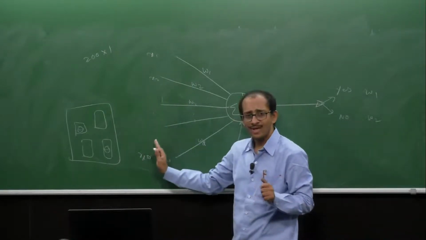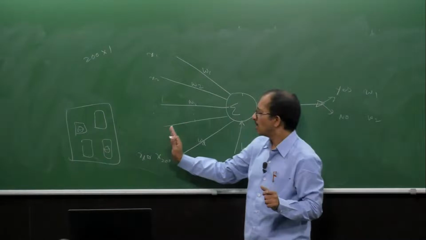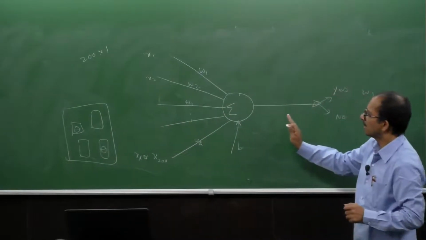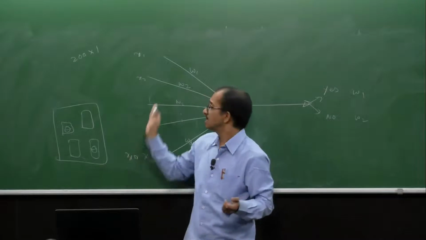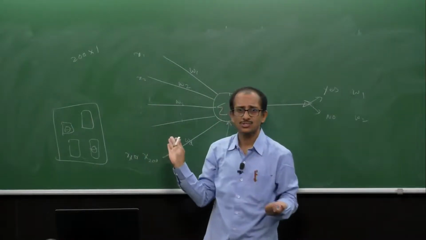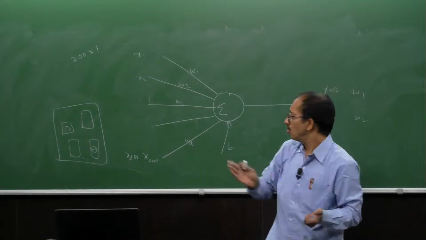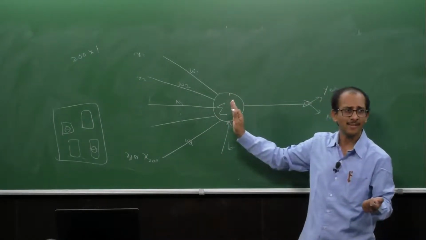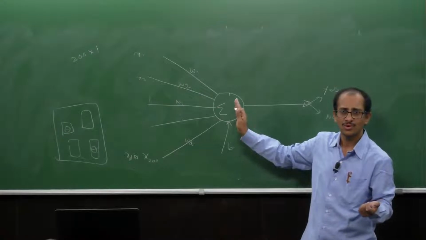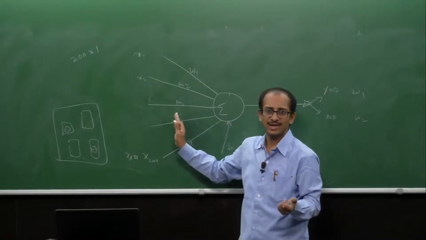Now when we give this as input, x1 to xd are real values, and w1 to wd are also real values, the weights. What will be the range of the summation of all these things? It can go from minus infinity to infinity ideally.